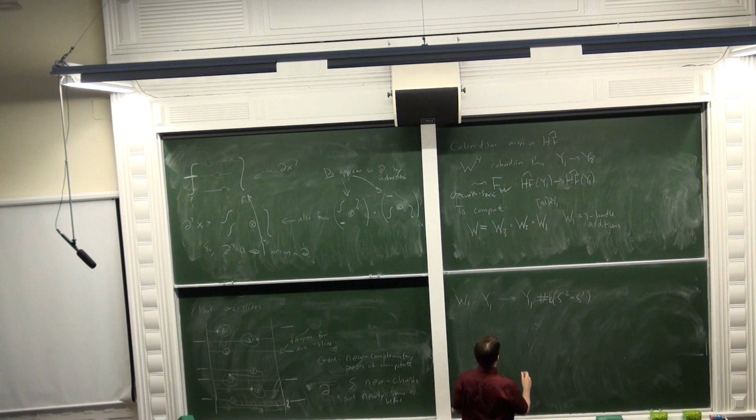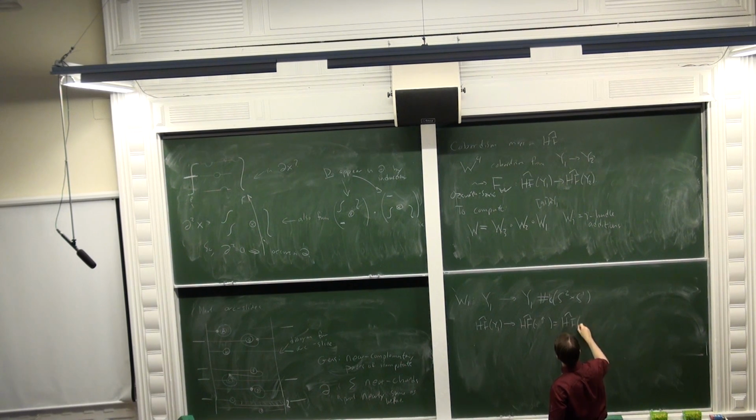The map here is sort of standard. It's a map from HF hat of Y1 to HF hat of this, which is HF hat of Y1 tensor with the homology of the torus.